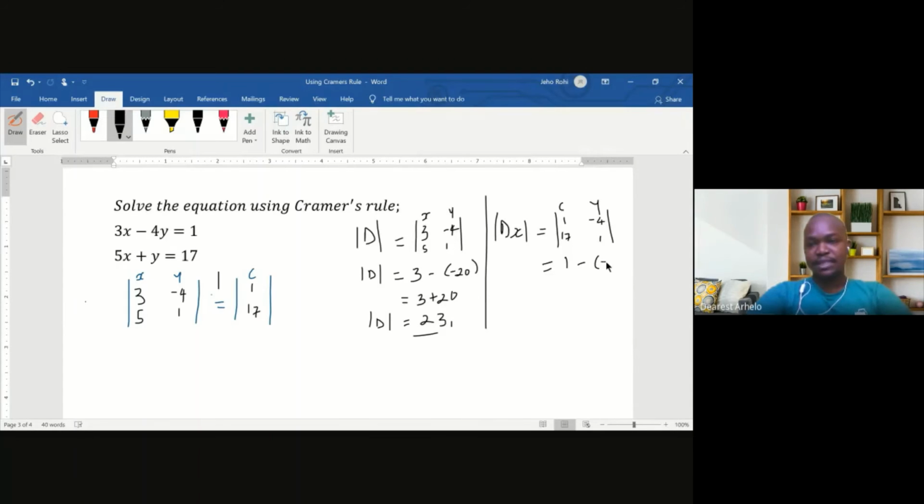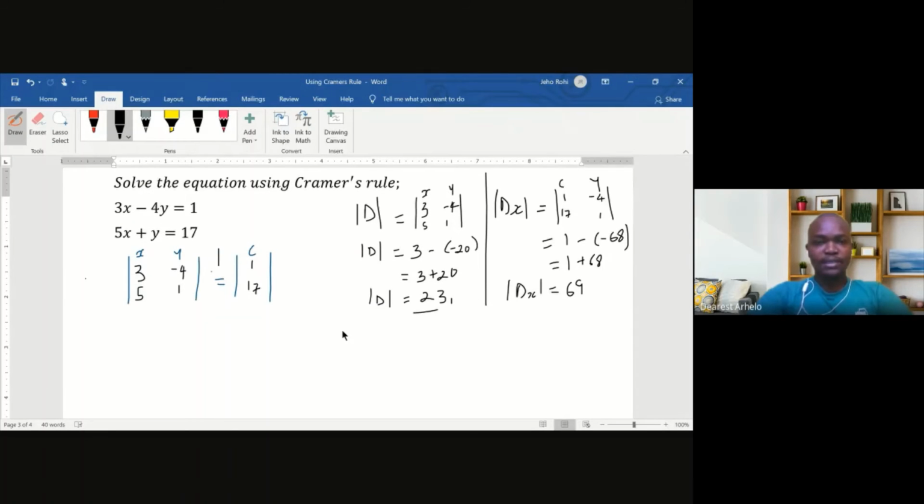So 1 minus a negative gives us a plus 68. So therefore, my dx determinant is equal to 69.